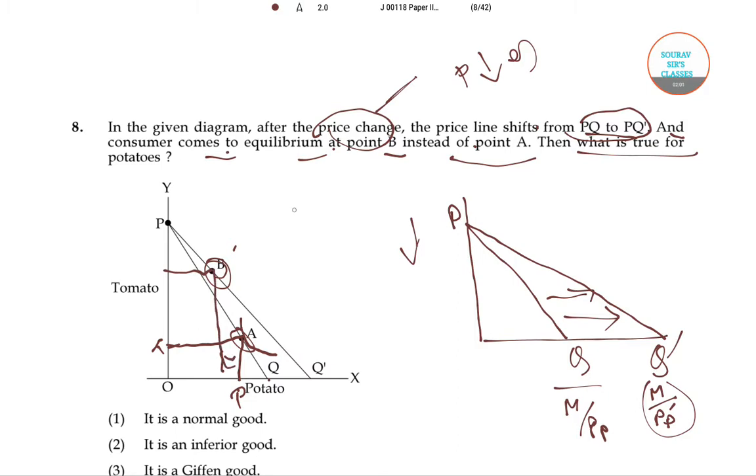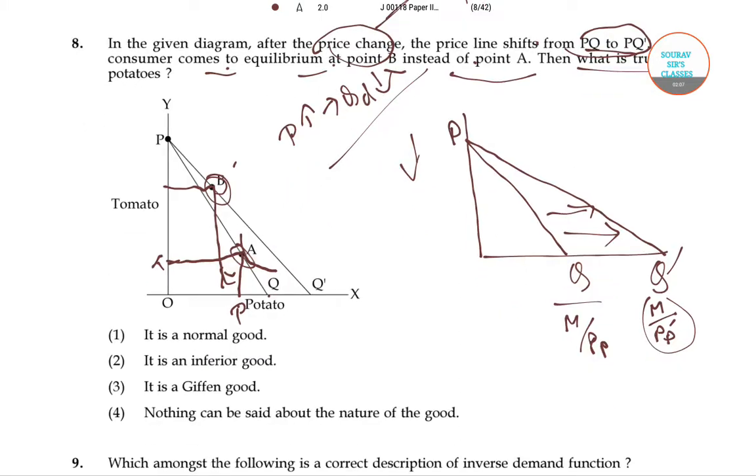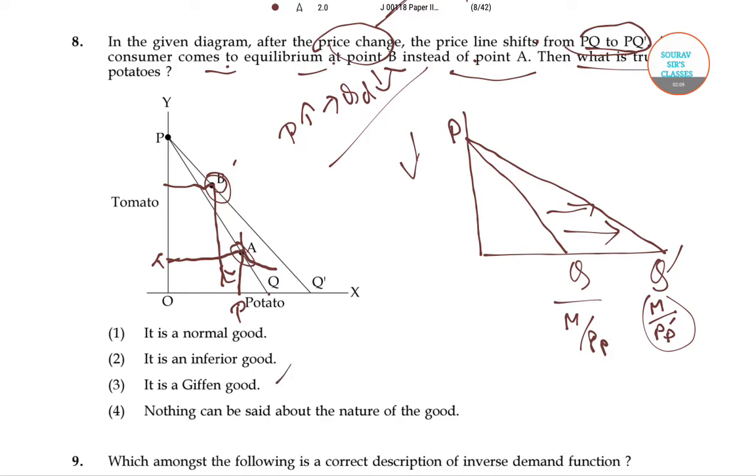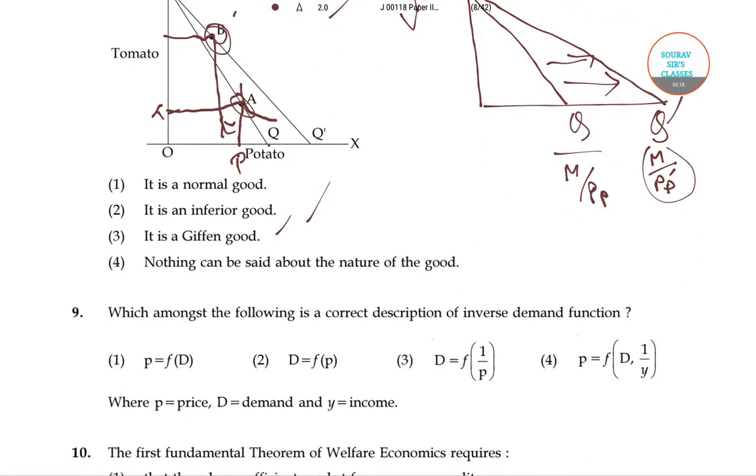So for this reason we know when the price of a good falls and demand for it falls, it is known as a Giffen good. So for question number 8, the right answer is option 3.